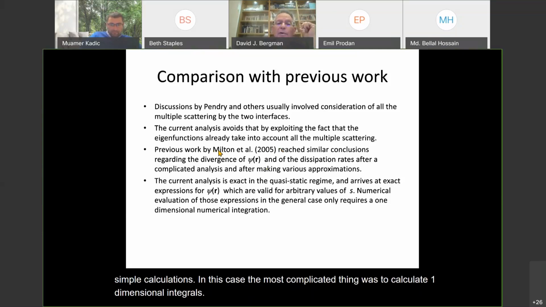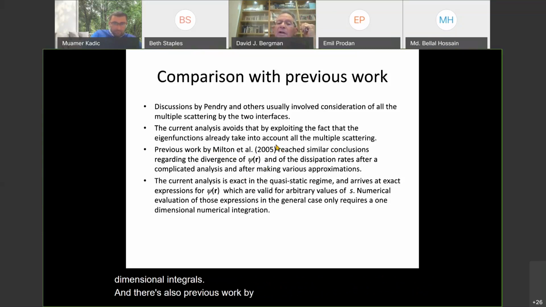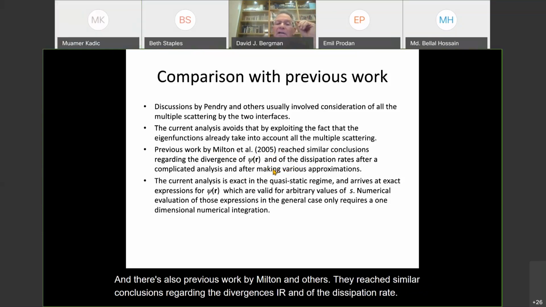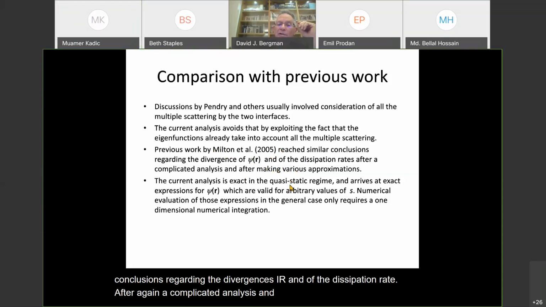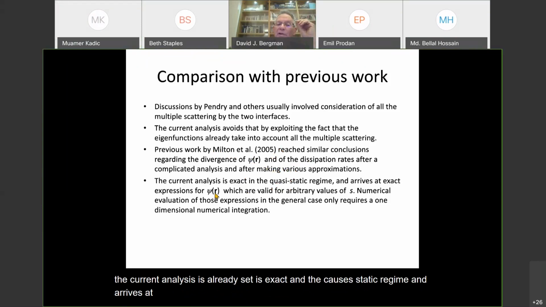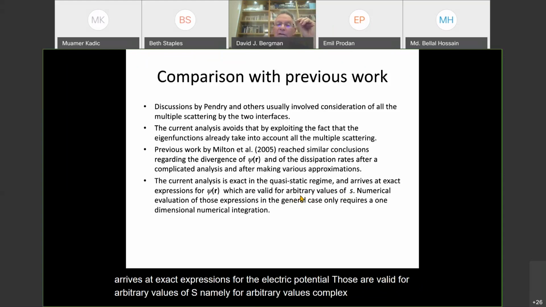There's also previous work by Milton and others that reached similar conclusions regarding the divergence of psi r and of the dissipation rate, after, again, a complicated analysis and after making various approximations. The current analysis, as I already said, is exact in the quasistatic regime and arrives at exact expressions for the electric potential. Those are valid for arbitrary values of S, namely for arbitrary complex values of the two dielectric constants.